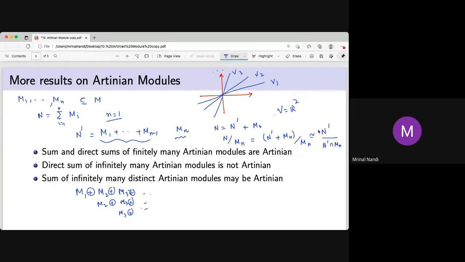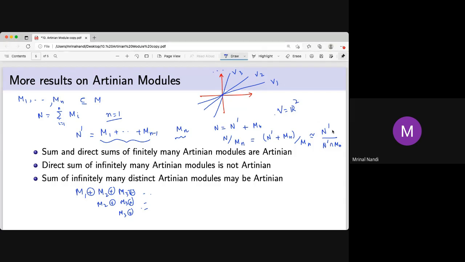Now N dash is Artinian, and this is a quotient of N dash, and we know that the quotient of any Artinian module is Artinian. So N mod Mn is Artinian.